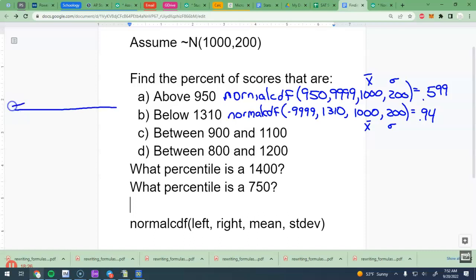So the idea is, I can come look, but the idea is the mean is 1,000, right? And then the standard deviation is 200, so we're at 800, 600, 400. Well, negative 999 is here somewhere. What percent of data is over here? Basically nothing, right?